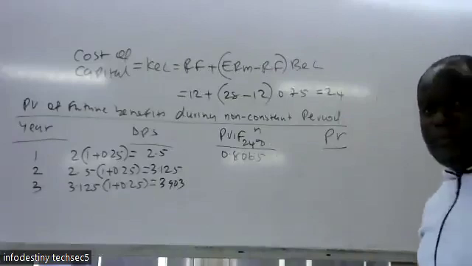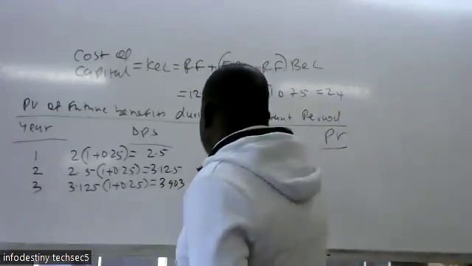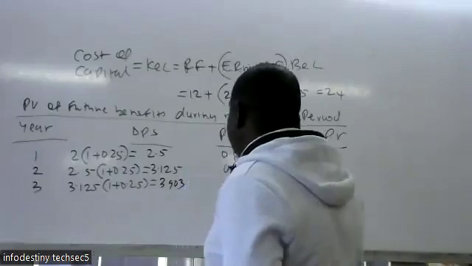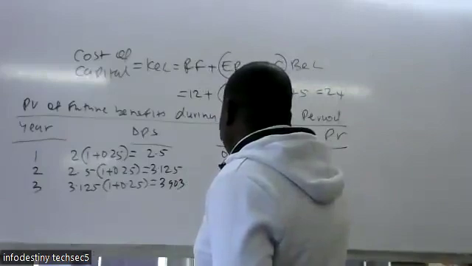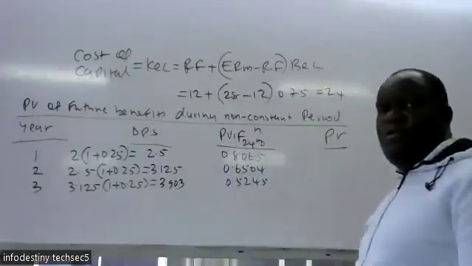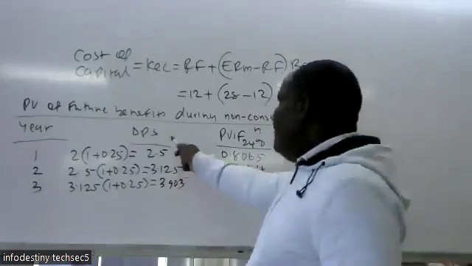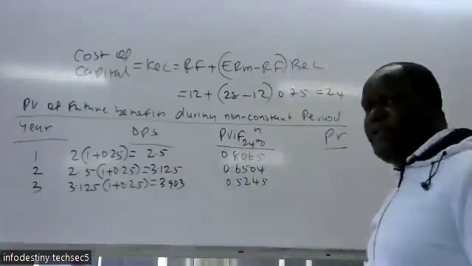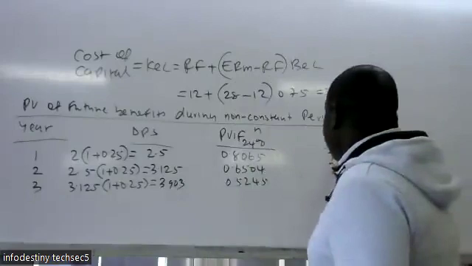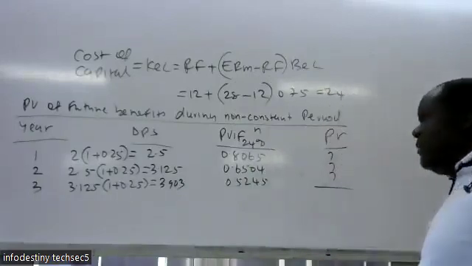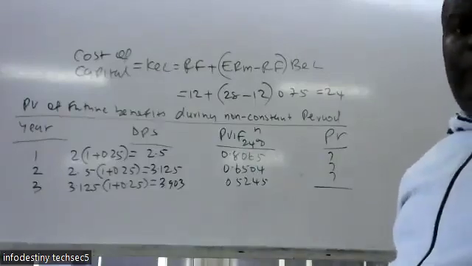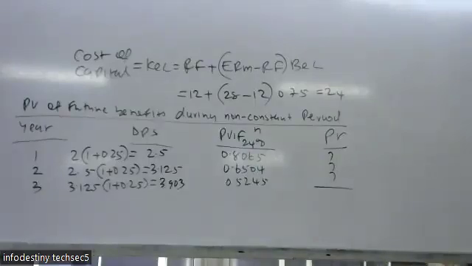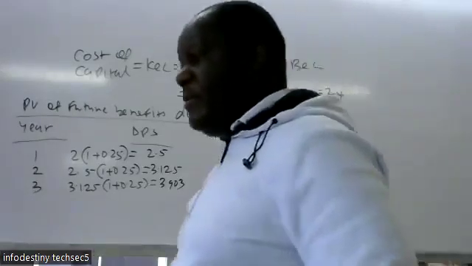How about year 2? 0.65. Then year 3? 0.5245. Yes. So multiply these dividends by these figures from the table so that you get your present value. Then add them together to give you the present value of the future benefits during the non-constant period.